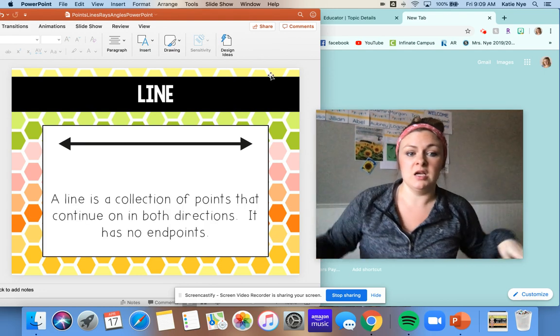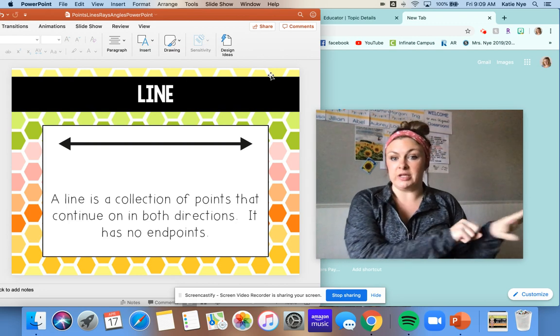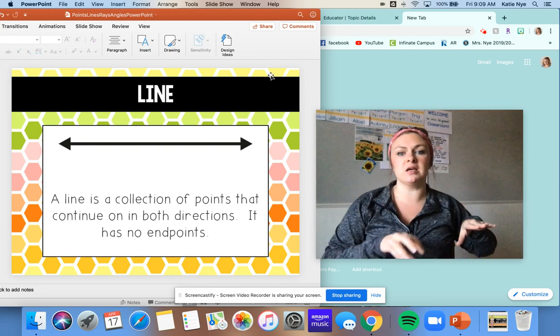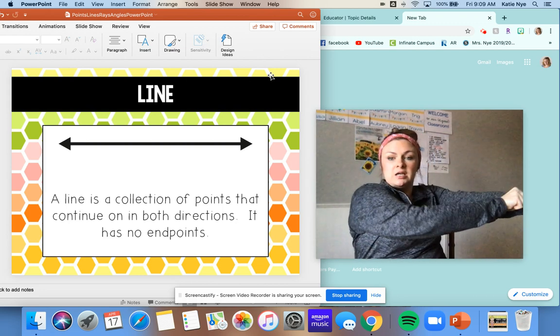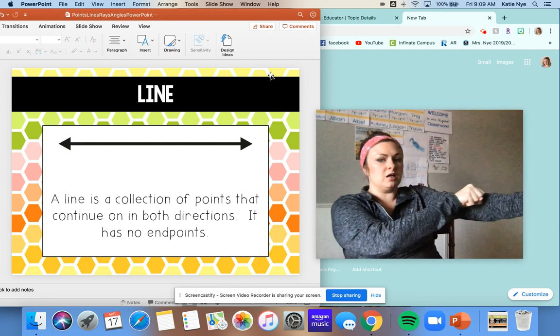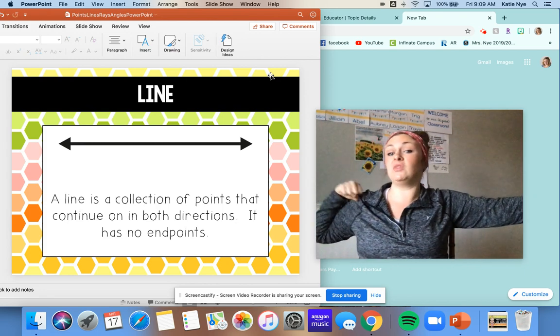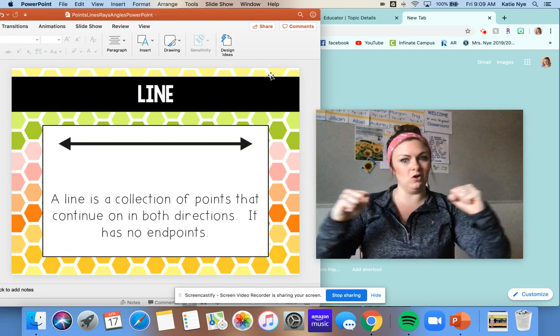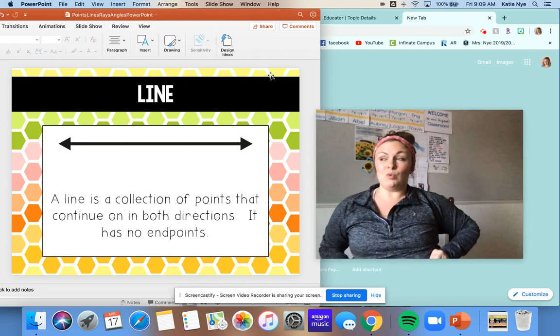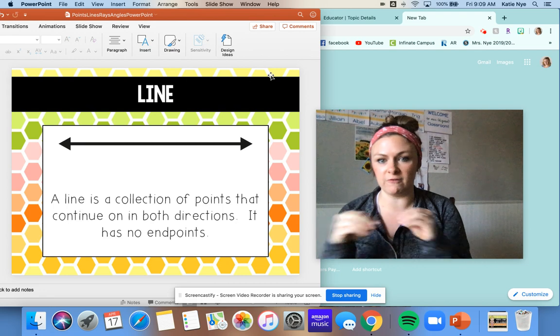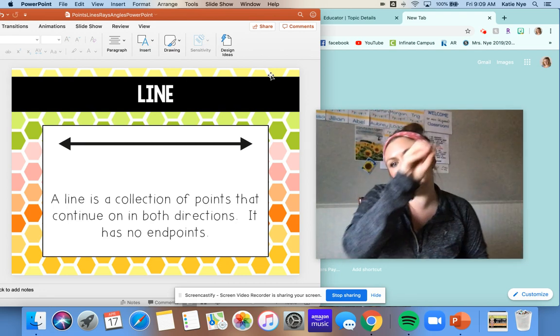That's our line. So a line is a collection of points. When I think about a line, I want to think that there's a point here, a point here, and here, and here, and this line is made up of a whole string of points. It's kind of like when we take a piece of string and fill it up with beads. Those beads are like our points.